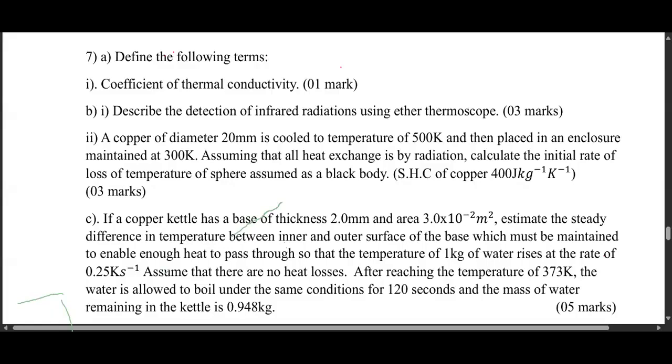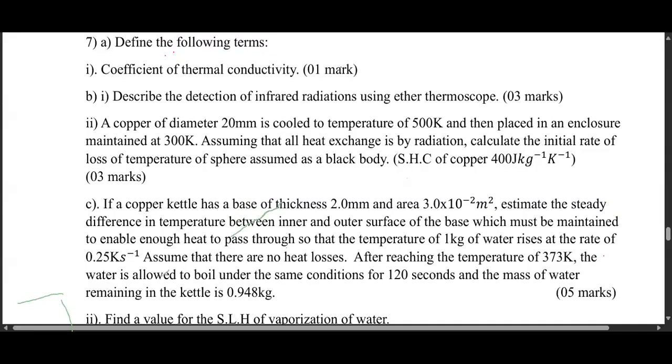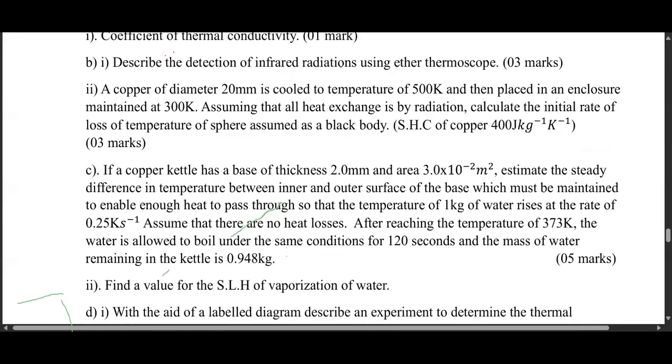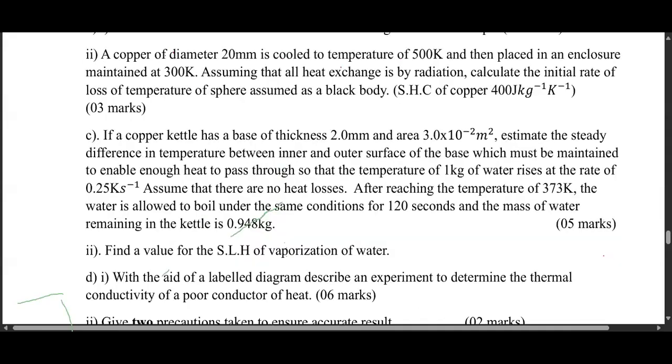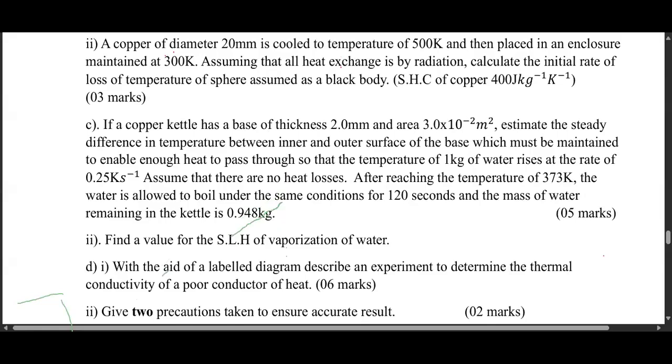After reaching the temperature of 373 kelvins, the water is allowed to boil under the same conditions for 120 seconds. And the mass of water remaining in the kettle is 0.948.